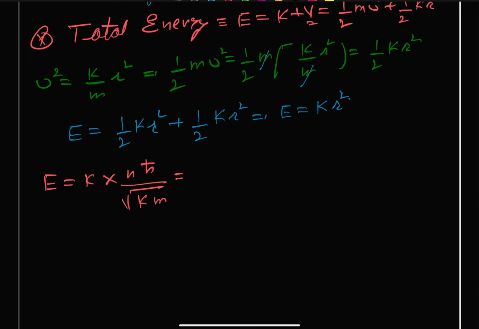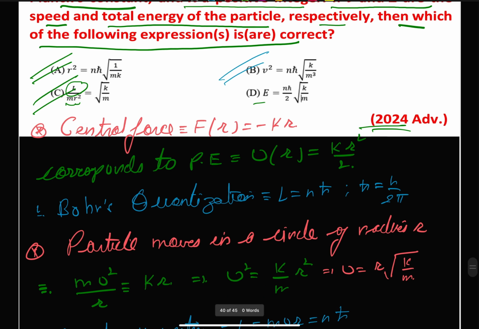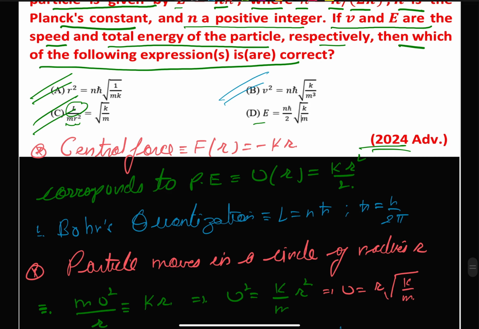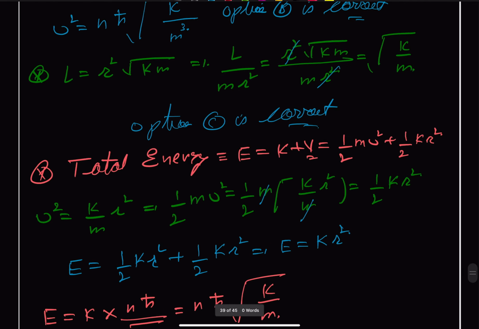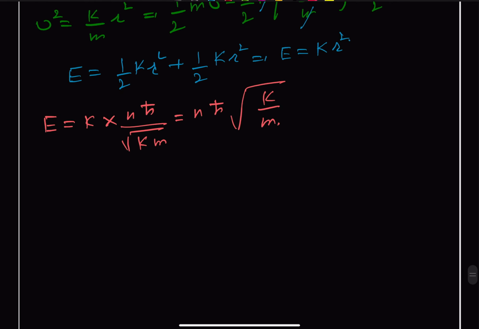This comes as nħ times the square root of k upon m. Here there is a factor of 2, which is incorrect, so option D is incorrect.